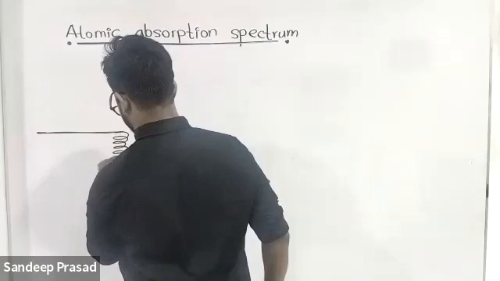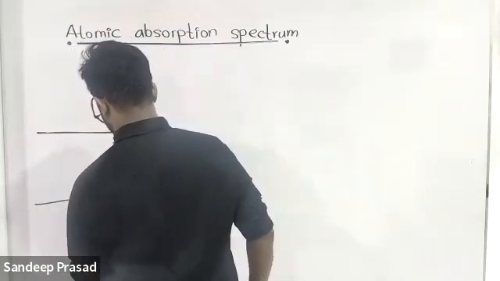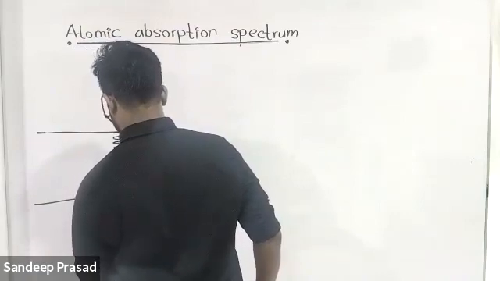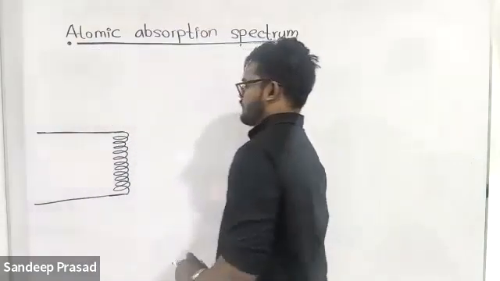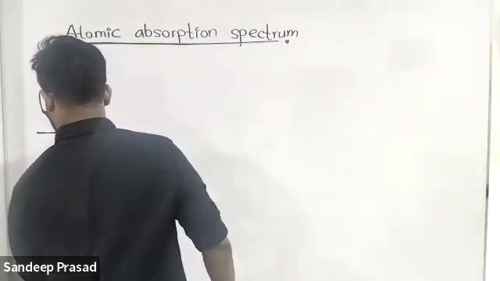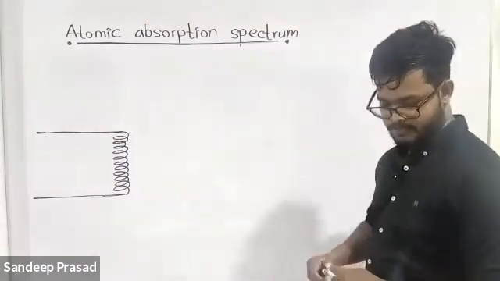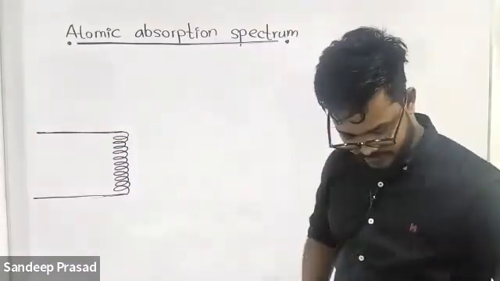tungsten filament. Do you know what a filament means, right? Filament means, in a light bulb, we have a kind of spring-like filament. So that is the filament. Okay. So this is a white hot tungsten filament.